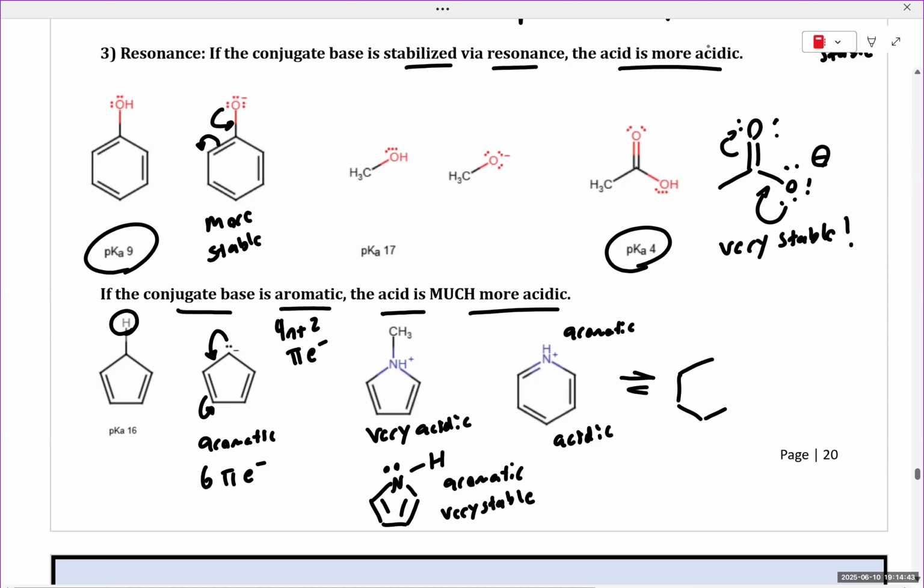So we don't see a change where we're going from aromatic to non-aromatic or vice versa. In this case, both the parent acid and the conjugate base are aromatic, so there's not that much of a difference in stability. Anytime your conjugate base is aromatic and especially stable, that means your parent acid is going to be even more acidic than usual.